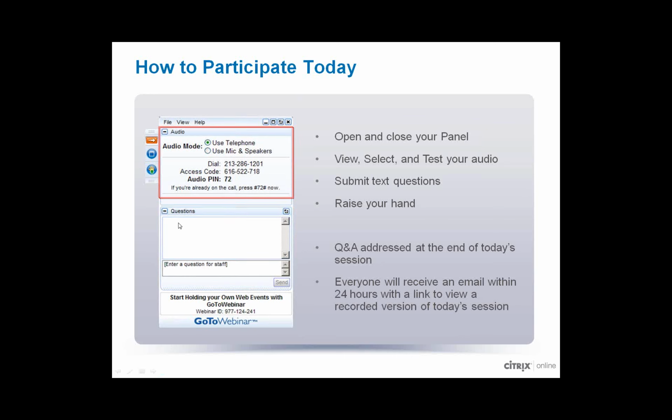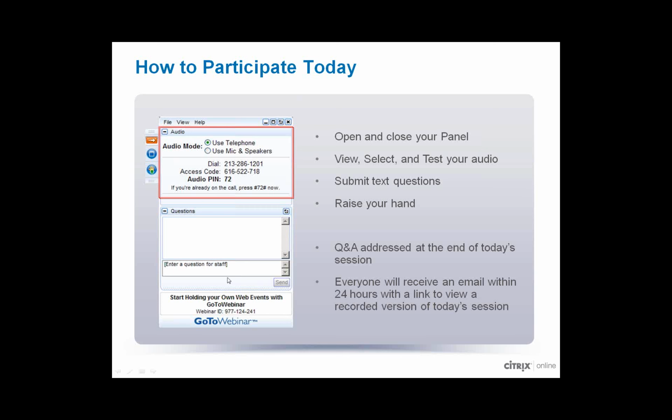You can submit questions at any time by typing them into the questions box that's also in your panel. Again, just click on the plus sign to open that up, type it in. I don't know what your options are in terms of who you send the question to, but I don't think you can choose.